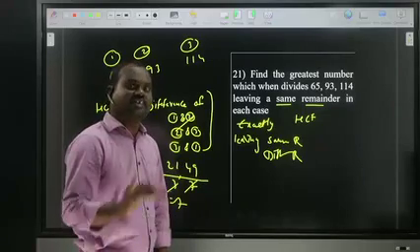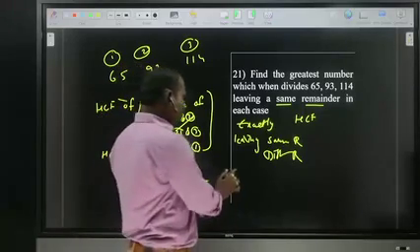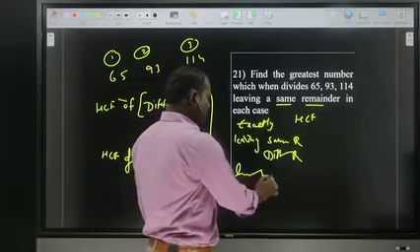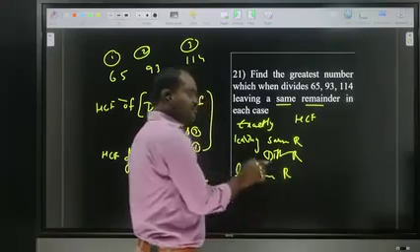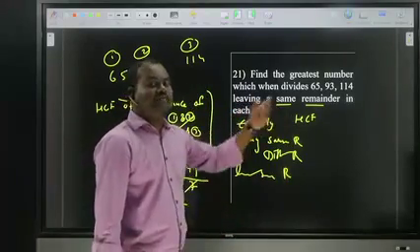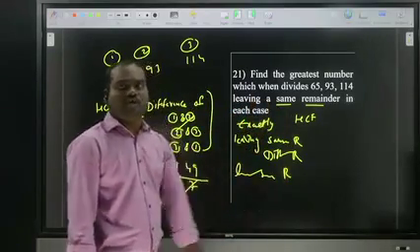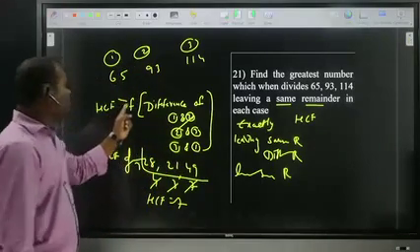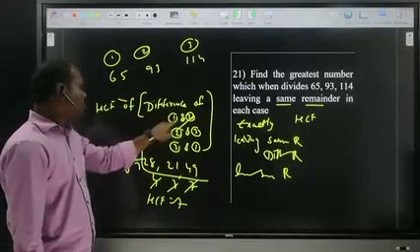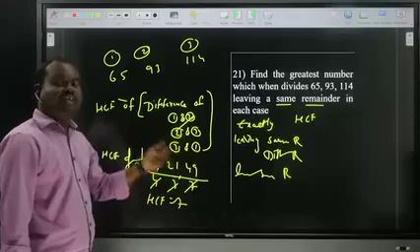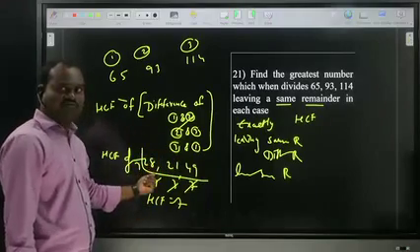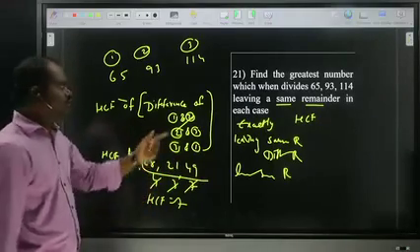And when leaving the same remainder but he does not specify the remainder, then how to approach? Take the HCF of the differences of 1 and 2, 2 and 3, 1 and 3. That is your answer.